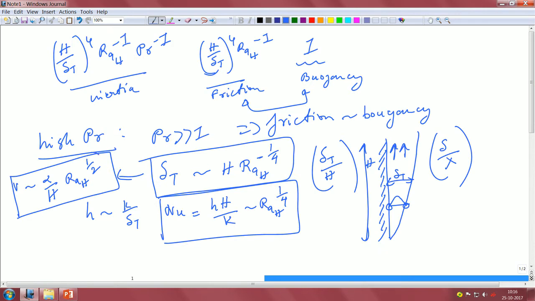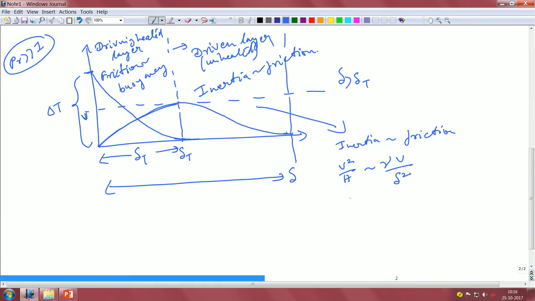That is the scale of V, which remains unaltered, alpha by H times Rayleigh number to the power of half. You substitute that in this equation, and what you get is that delta scales as H Ra_H to the power of minus 1/4 Prandtl number to the power of half.